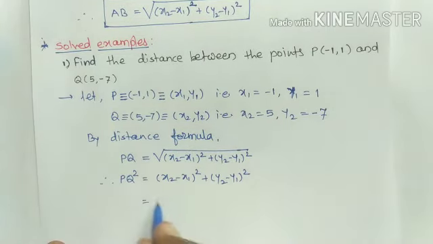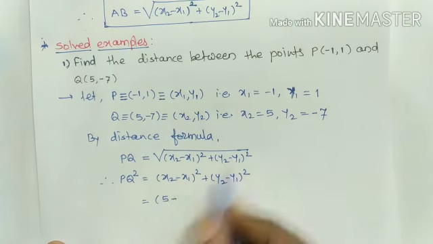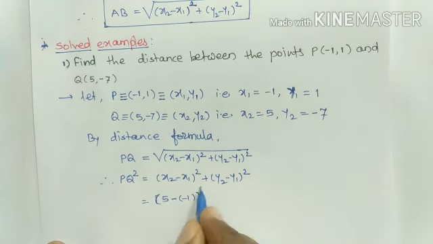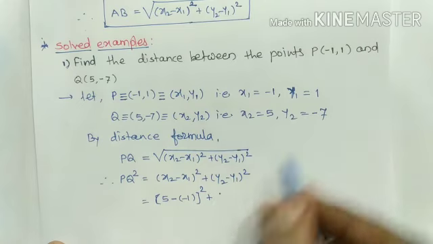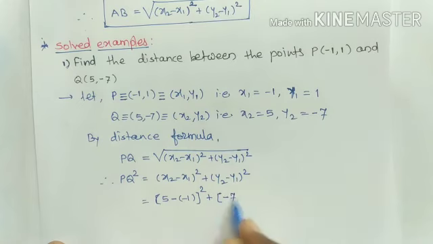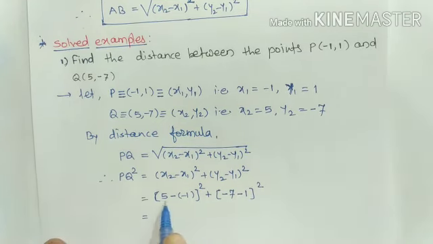See, what is x2? It is 5 minus x1, it is -1, bracket square, plus y2, here it is -7, minus y1, it is 1, this bracket square. That equals 5 plus 1, it is 6 square, plus -7 minus 1, it is -8, -8 square is 64.